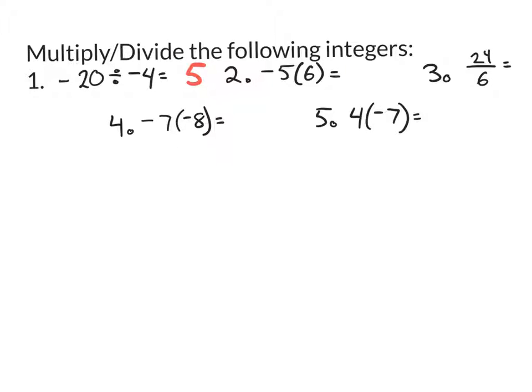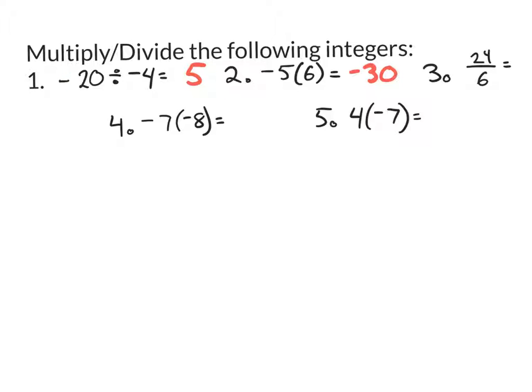How about number 2? What's the answer going to be? Negative 30. Negative 5 times positive 6, that's negative 30. The only time you get a positive answer is if you have the same signs, like a negative times a negative or a positive times a positive. Go back to the 3rd grade. What's 2 times 3? 6. That was a positive 2 times a positive 3. That's a positive 6. So whenever the signs are the same, your answer is positive.